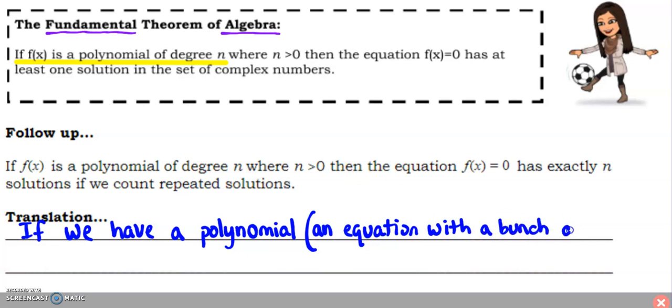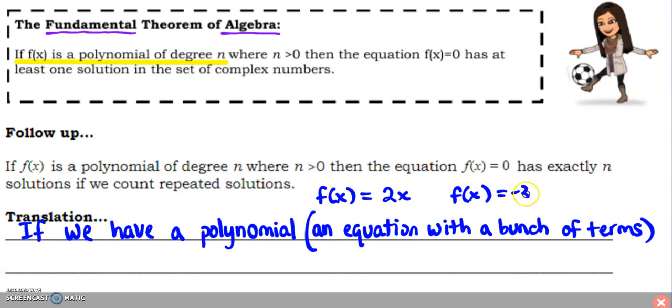Or maybe one term. I mean, really, it could be anything. For example, a polynomial could be just f of x equals 2x. That's a polynomial. F of x equals negative 3x to the 5th minus 2x squared plus 5. That's a polynomial too. There's a lot of different polynomials.